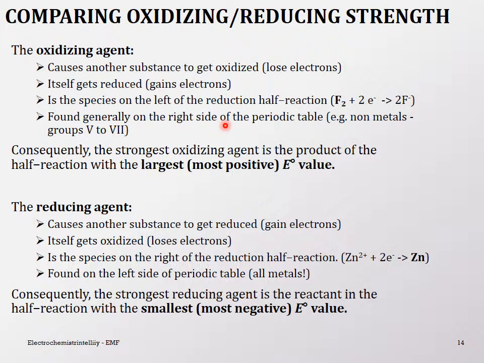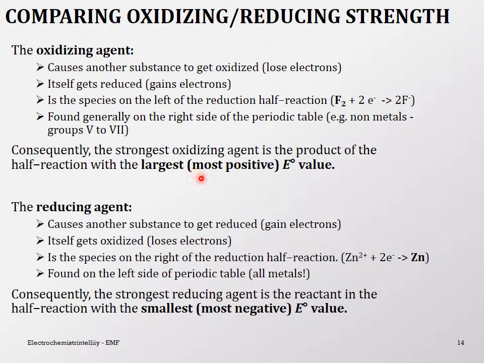You may be comparing two metals or two non-metals. In that case, you really have to consult the tables. But if I were to give you something like zinc and chlorine, then it's very easy to figure out that chlorine is the oxidizing agent, because chlorine is going to cause the zinc to lose electrons. The way it works as far as the table is concerned is that the strongest oxidizing agent is the product of the half reaction with the largest, most positive E0 value.